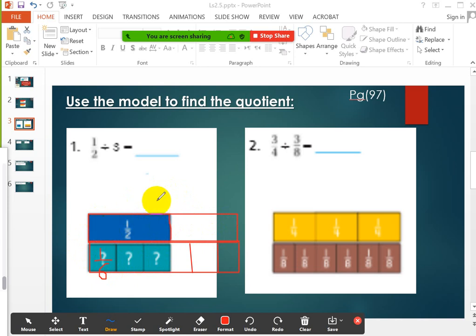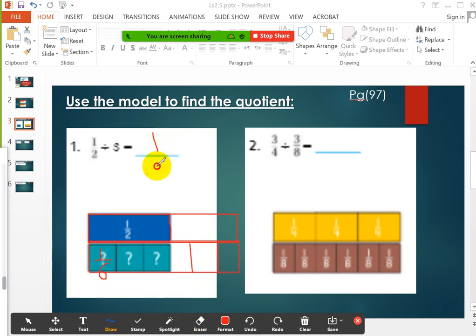That means I will divide the whole into double the 3. Double 3 means 6 parts. That means the unit fraction in each one will be 1 over 6. And this is the answer for this division. The answer is 1 over 6.